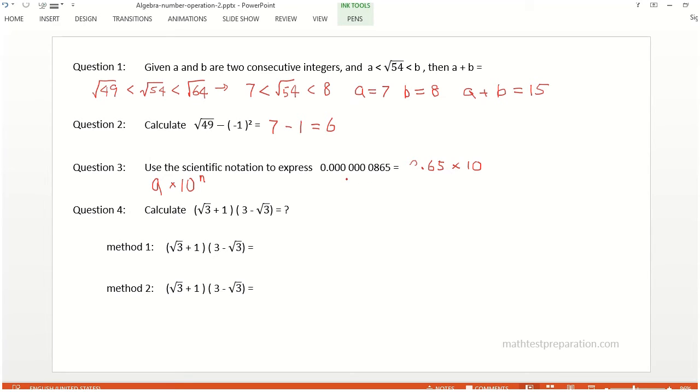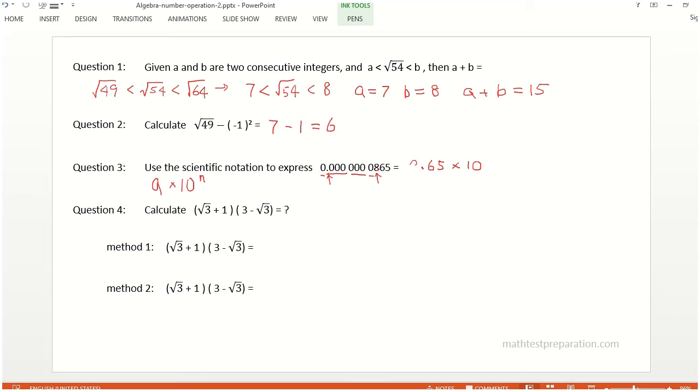There are 8 zeros before the first digit 8. The zeros include the zero before the decimal point.